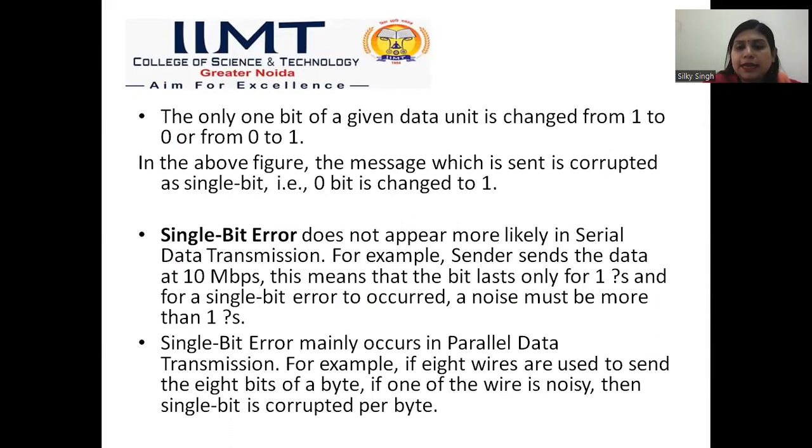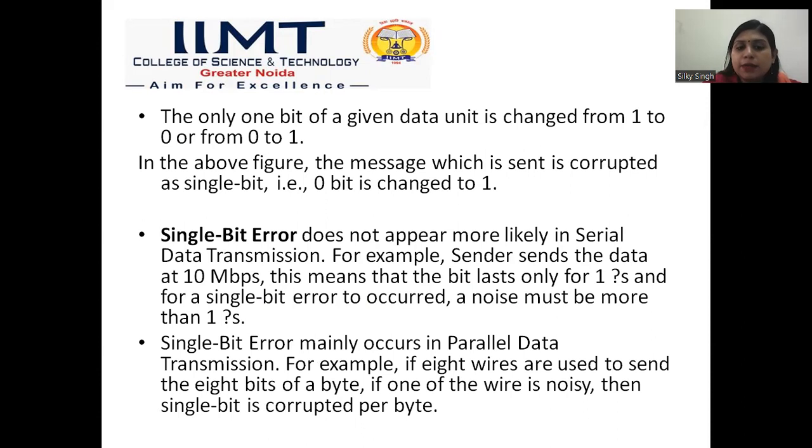For example, a sender sends data at 10 Mbps speed. This means that each bit lasts only for 1 microsecond, and for a single bit error to occur, the noise must last more than 1 microsecond.